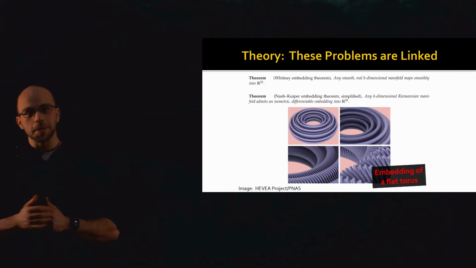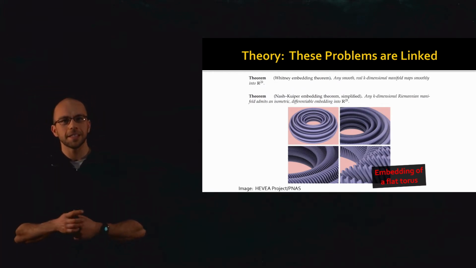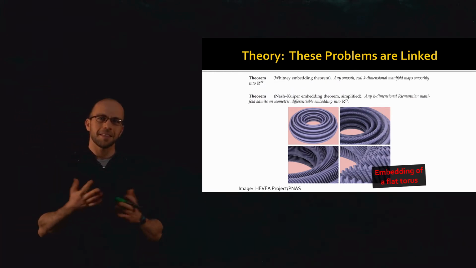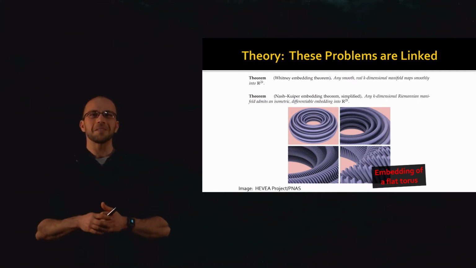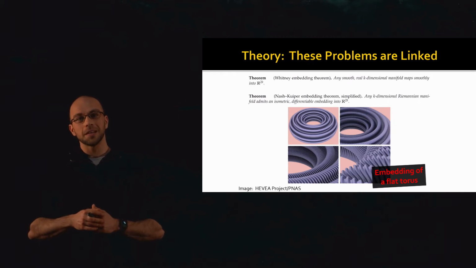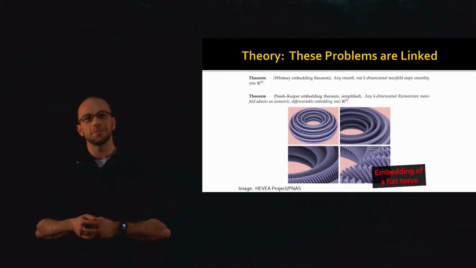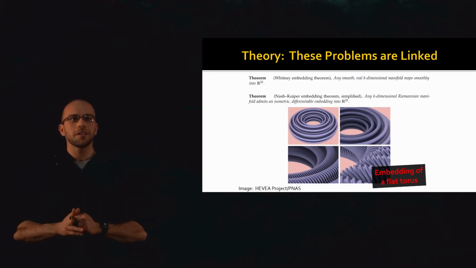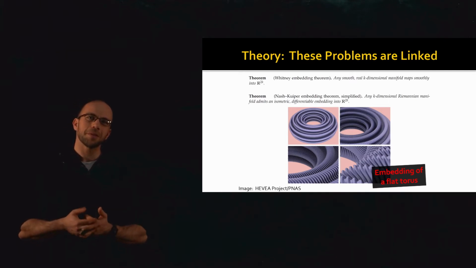Now, in principle, it turns out that these problems are definitely linked. Citing a theorem like this to justify the algorithms we're going to talk about is a little goofy. I mean, the Nash and Whitney embedding theorems are really, really strong sledgehammers and totally theoretical objects. But they're also crowning results in geometry, so they're worth mentioning.